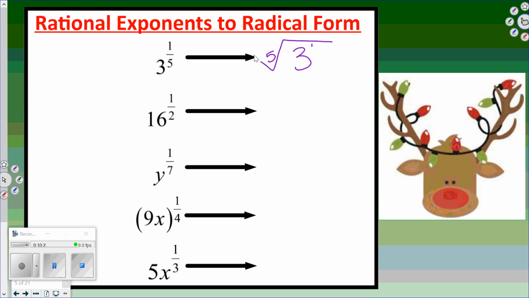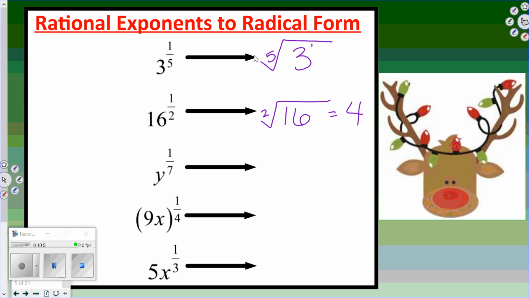Remember, the root is underground, so the root number is at the bottom. Yes. When there's more than one thing. Yep. 16 to the 1/2 would be written as, what root is this? 2, the square root of 16, which is 4. You should know that, right? Square root of 16 is 4.